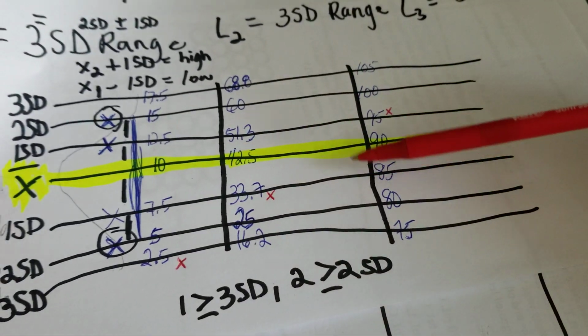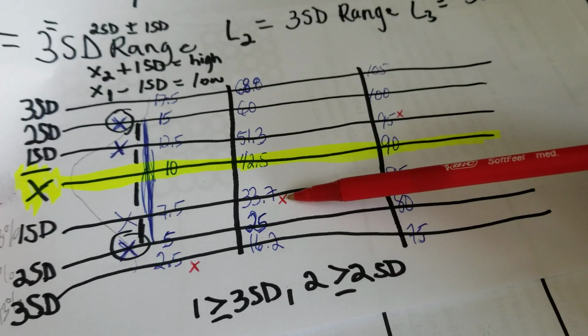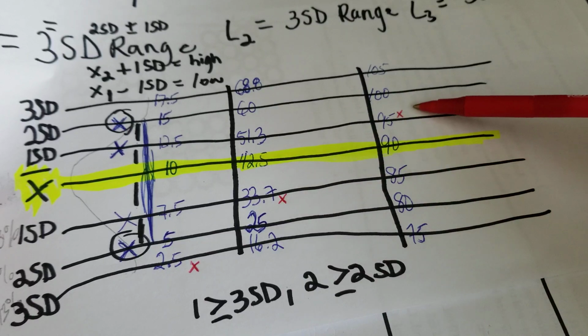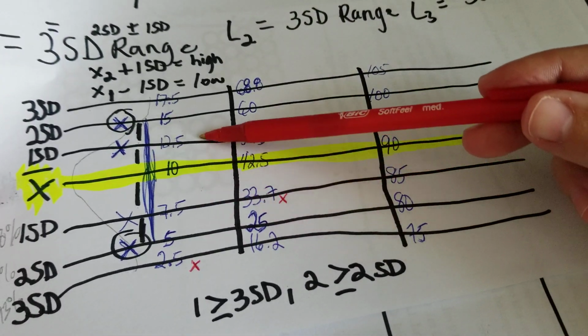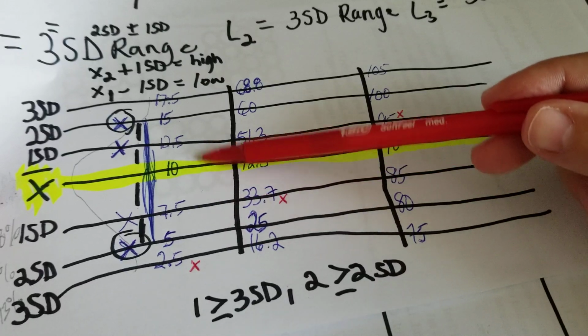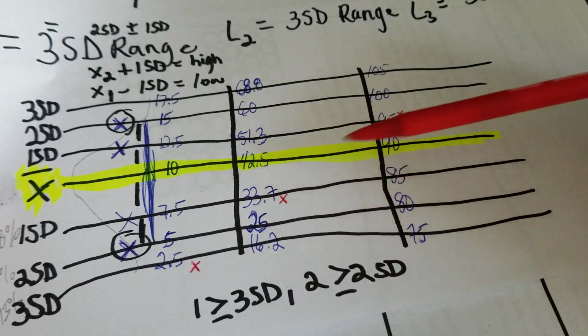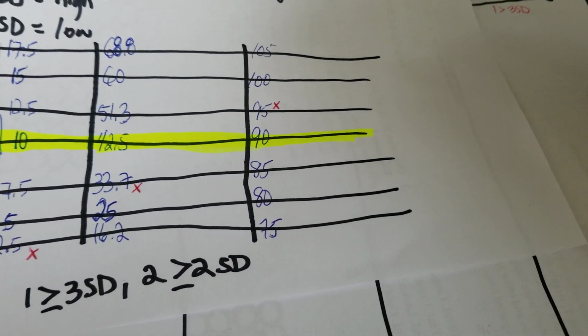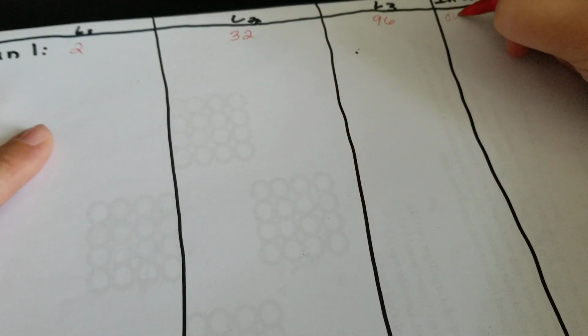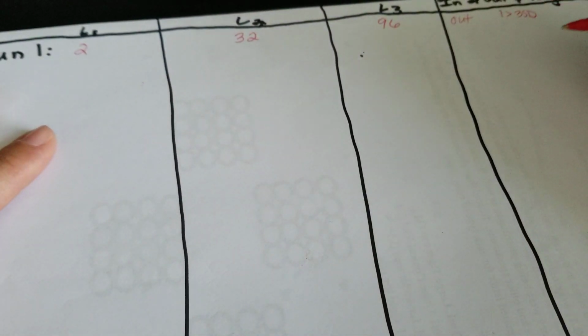So then we have 2 that are greater than 1 SD because they're outside of this middle range right here, right? But neither one of them has gone over the 2 SD mark, okay? So we can say that this run is out because of 1 greater than 3 SD.